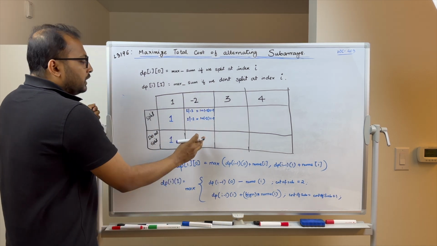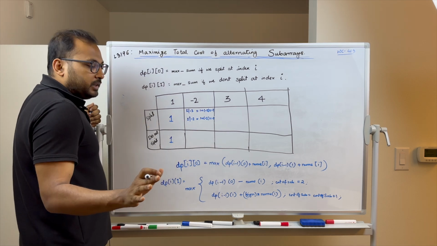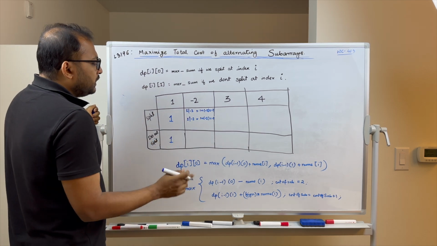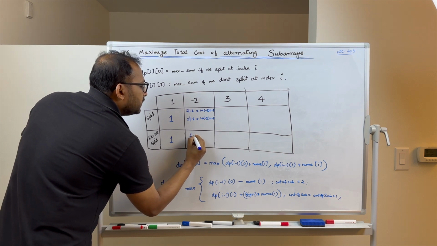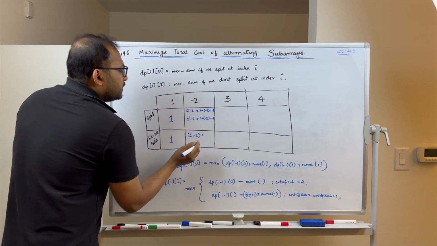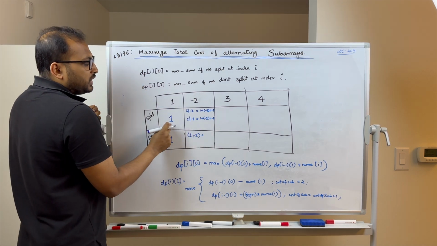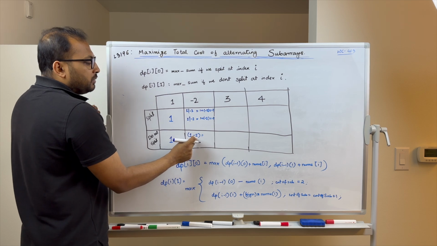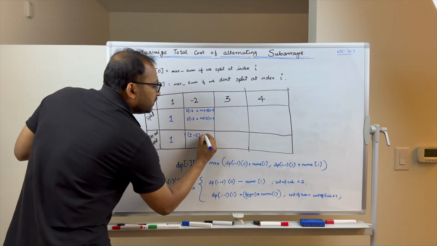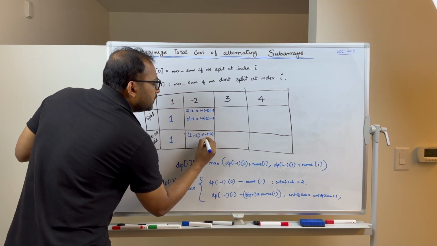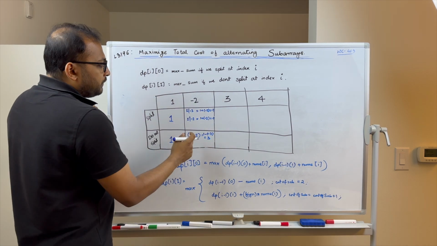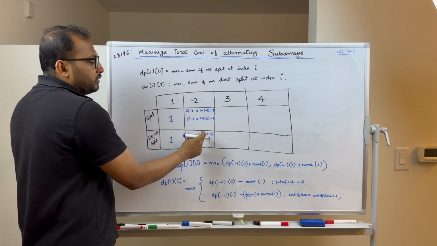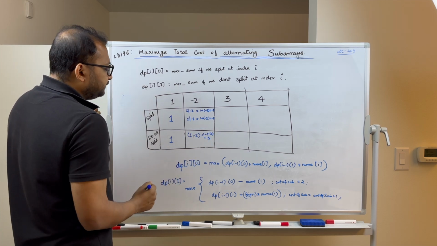Next, here we do not do any split. So I just take this element and say the next element is -2. Since this was a single element and we added one more element, the sign has to alternate. So it will be 1 minus -2, which is 3, because the cost of a subarray is the sum of these elements with alternating signs.